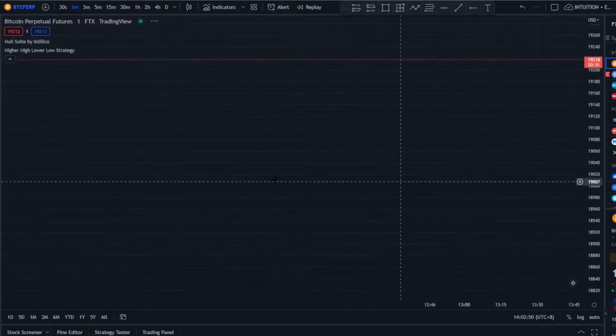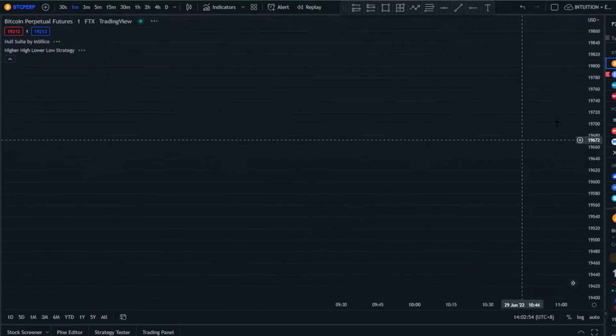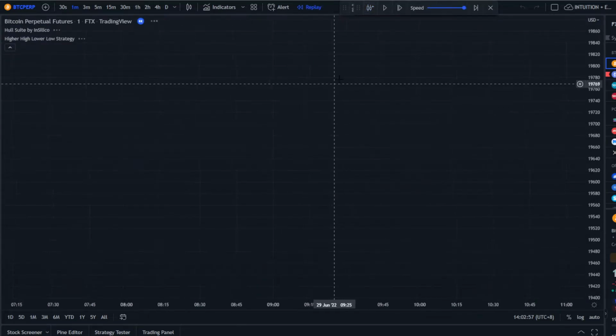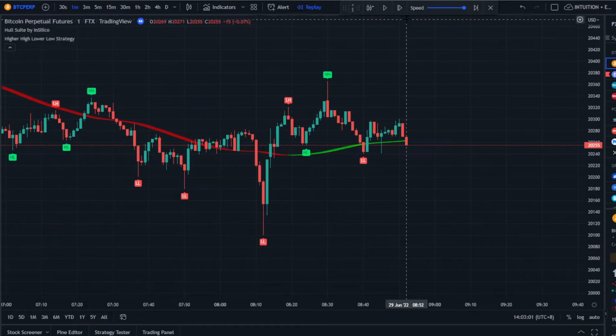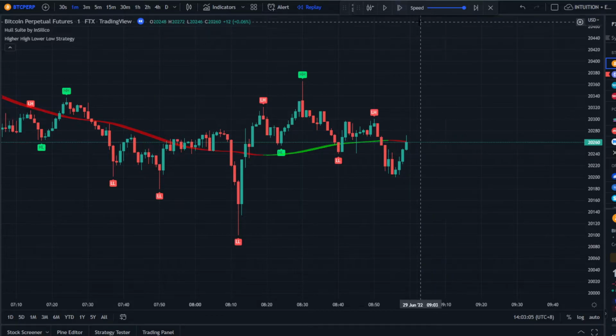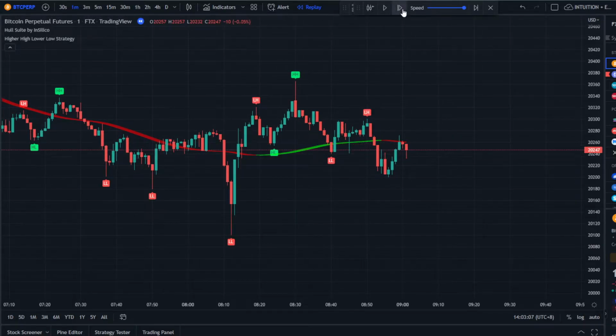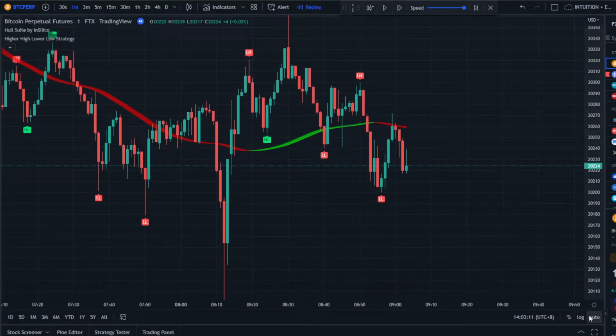Anyways, I'm going to backtest this for a while. I'm going to go into previous price and let's see how this goes. Right now we are still green, so we want to wait for a higher low and a higher high. However, we have turned red. So we can see that we have a lower low formation here.